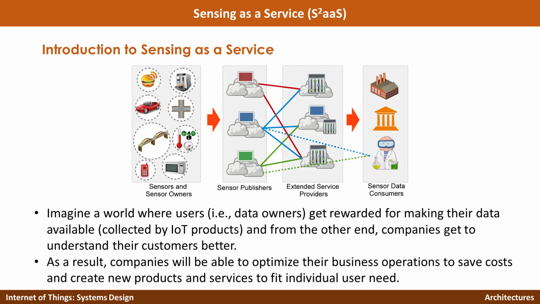But if you are buying the data from someone who has already deployed, you'll probably be able to get data from 1 year, 2 years, whatever time ago they deployed the sensors. So you have access to the historic data in this sensing as a service model.